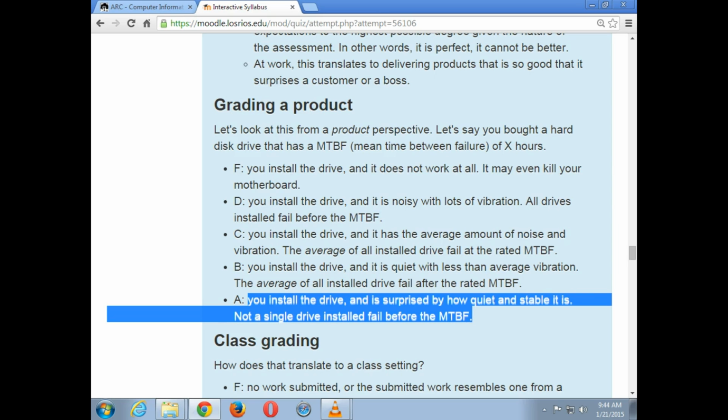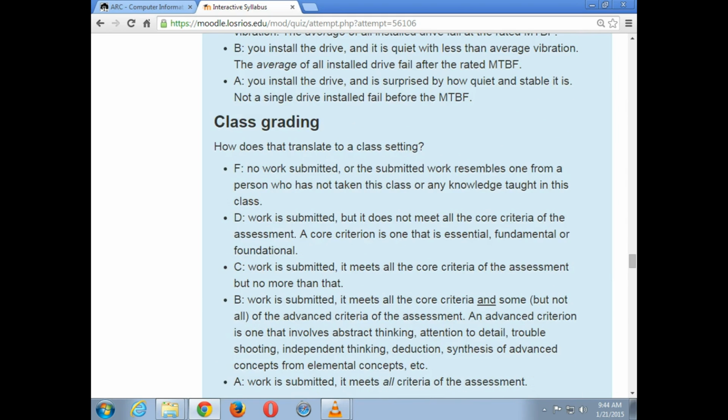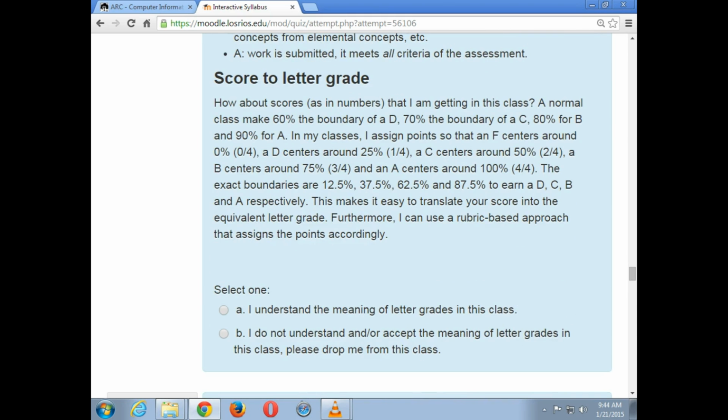Okay. All right. So you definitely want to read this part here too, because it talks about how grading translates in the class setting. In this class, when I translate your score at the end of the semester from numbers to letter grades, this is the way I do it.